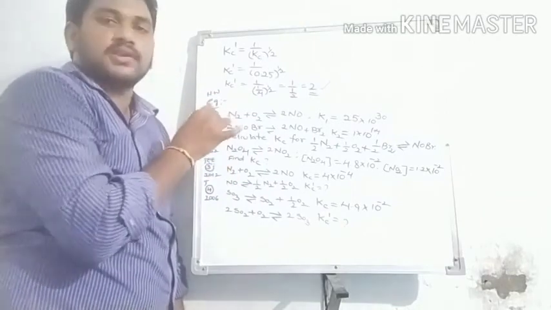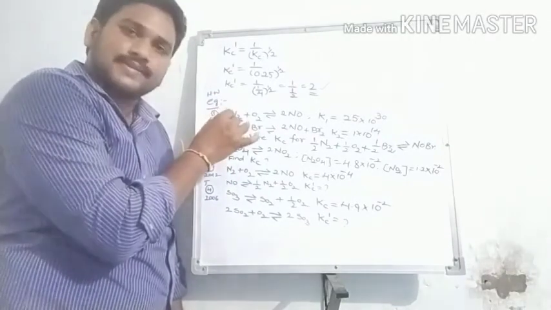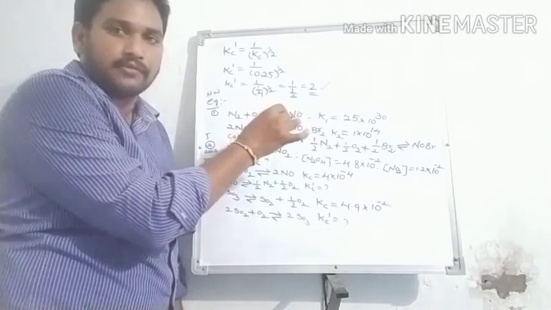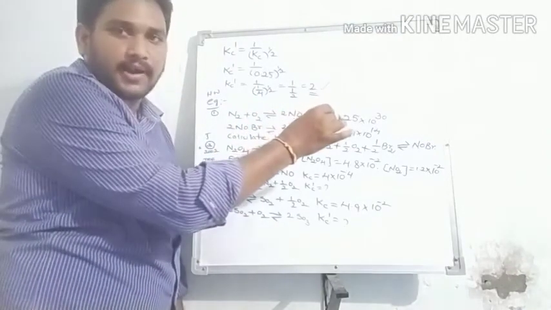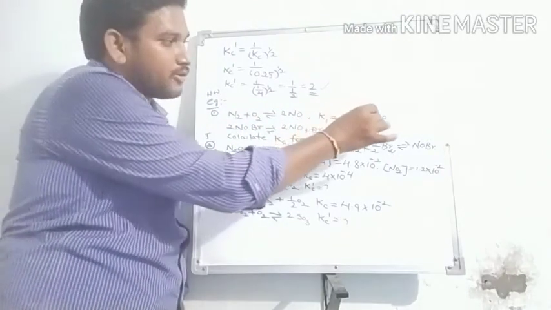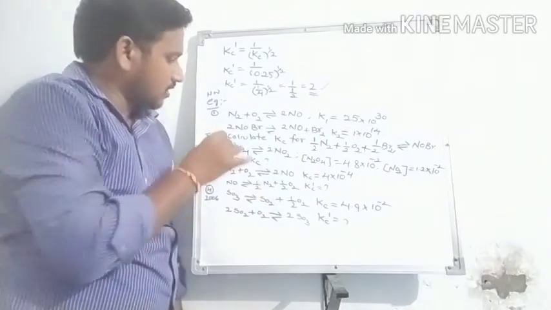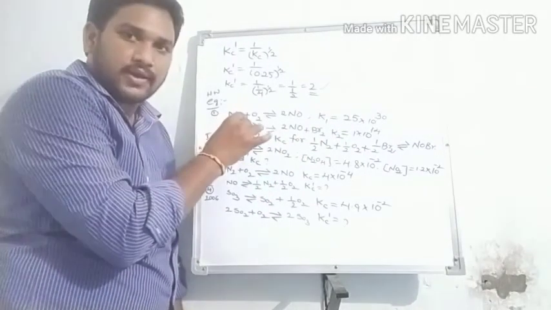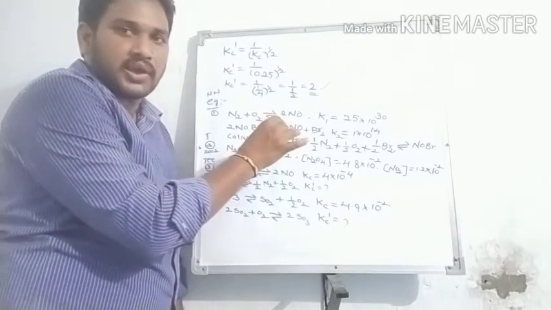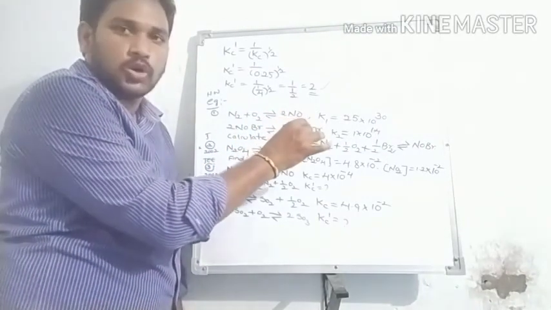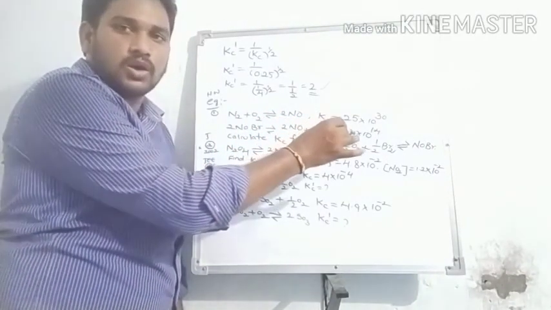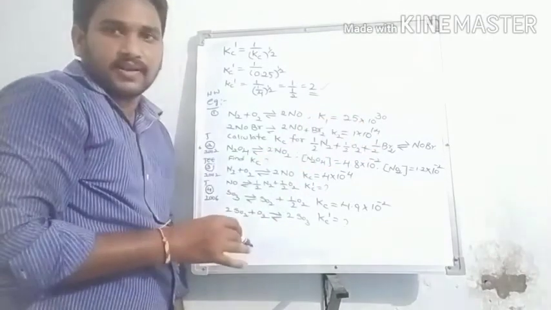Okay, same problem based homework questions are given. First question: N2 plus O2 goes to 2NO, K1 is supplied as 25 into 10 power 30. And 2NOBr goes to 2NO plus Br2, K2 is equal to 1 into 10 power 14.